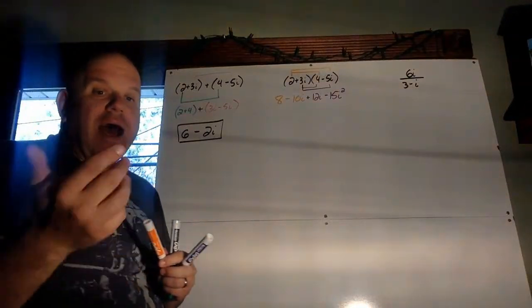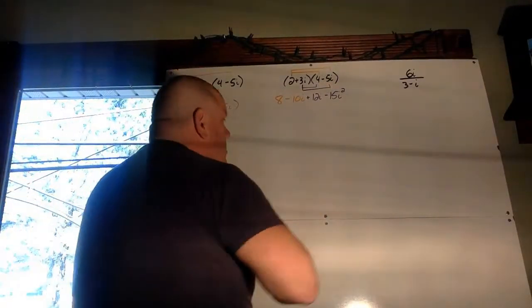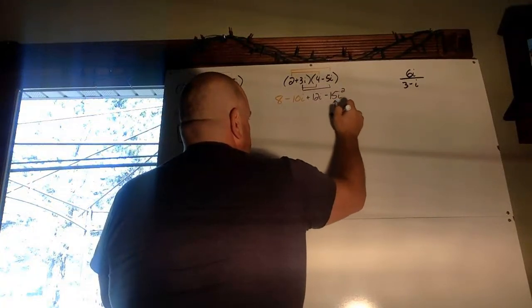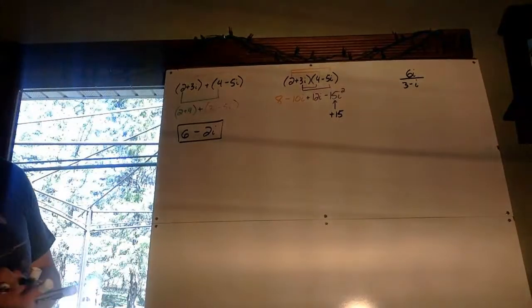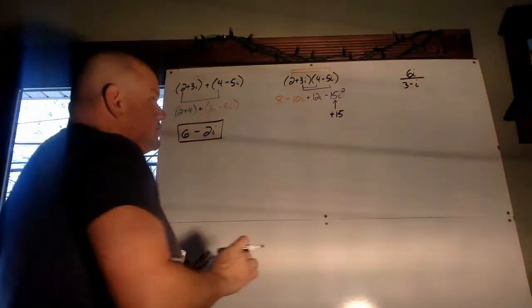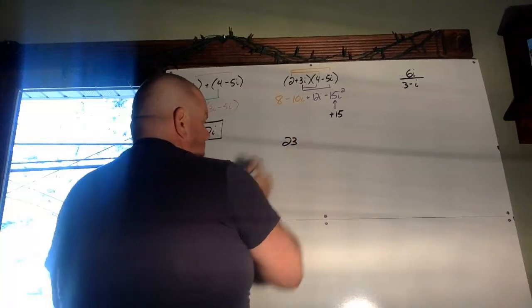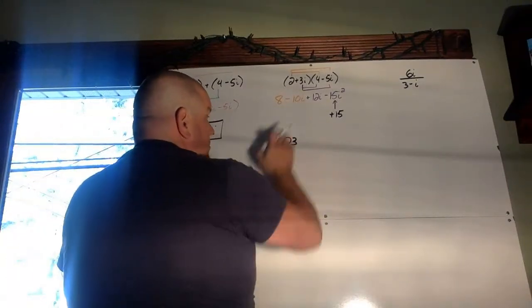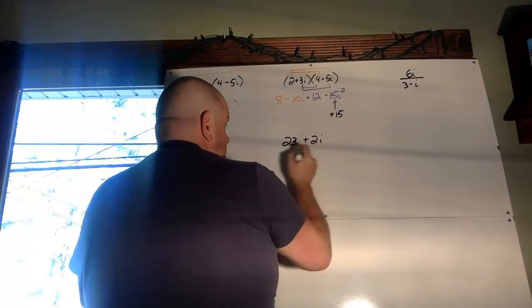But remember, i squared is negative 1, so this is really plus 15, because negative 15 times negative 1 is positive 15. 8 plus 15 is 23. Negative 10i plus 12i is 2i.